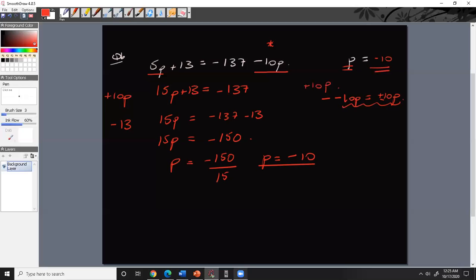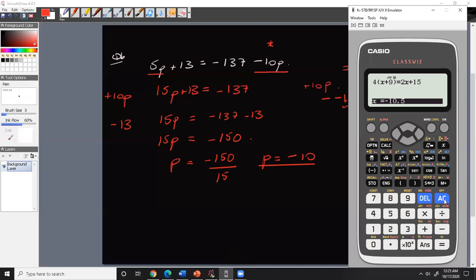Now you can check this using the calculator. I'm going to show you because I want to make sure that you know how to enter the negative numbers. So let's clear that. So we've got this equation here. So we're going to use x. So 5x plus 13 alpha equals, now you're using the sign change key, minus 137 minus 10x.